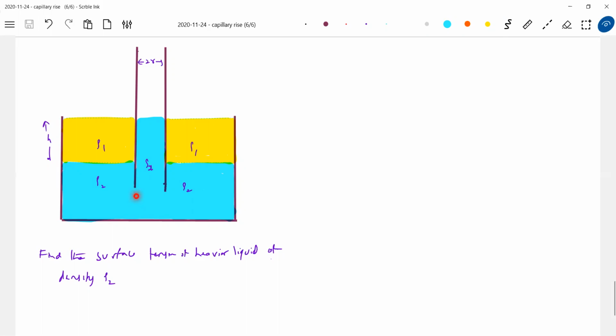The denser liquid will rise to a height h from the interface of the two liquids. I think I have shown the diagram clearly. So I want the surface tension of the heavier liquid. Take the angle of contact to be 0.